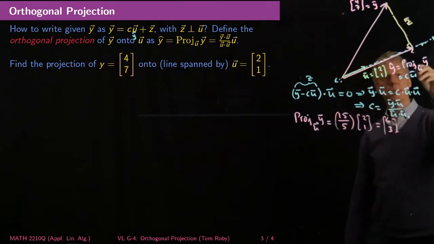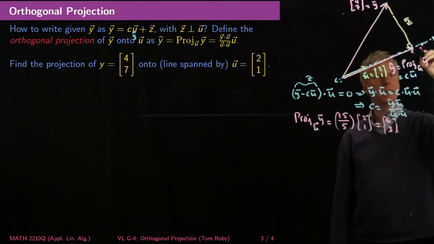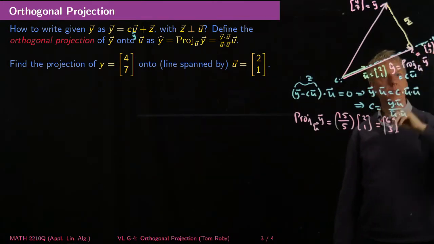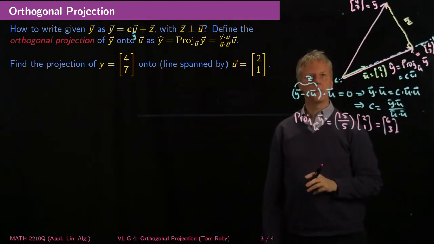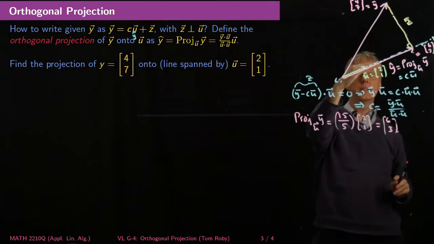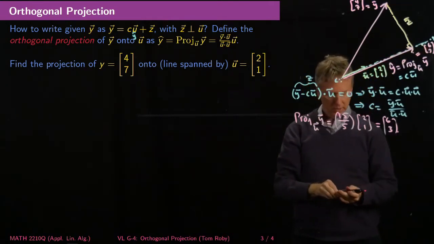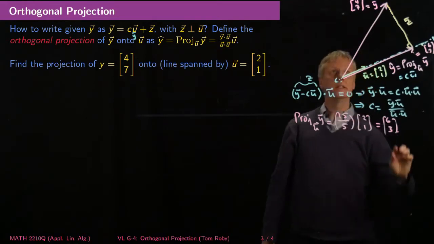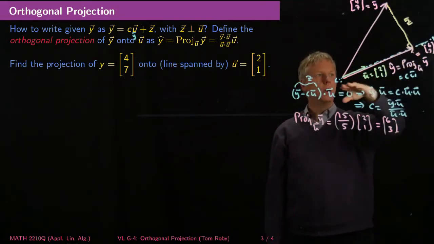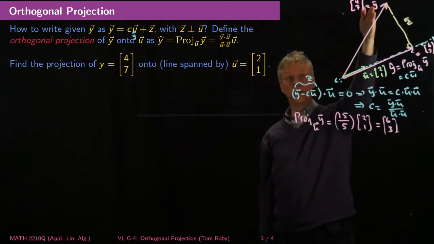Okay? So that's what this vector here is. This projection vector is exactly equal to 6, 3. So I took 4, 7, and I projected it down onto this line, and I got 6, 3. And the idea that we're going to show in upcoming lectures formally is that this point is the closest point on this line to that point that's not on that line.